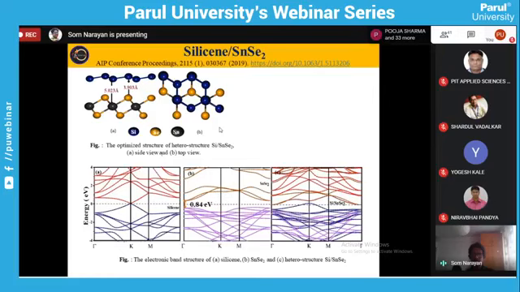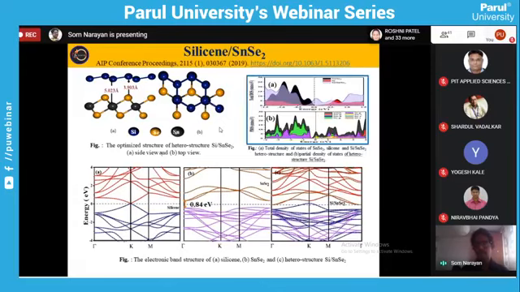Here we can see that blue color is for silicon and red color for SnSe2, and due to their strong interaction, the distance between them decreases as compared to before relaxation. The distance is found to be 3.903 angstrom. So with this, due to the strong interactions, there is a hybridization between SnSe2 and silicene.